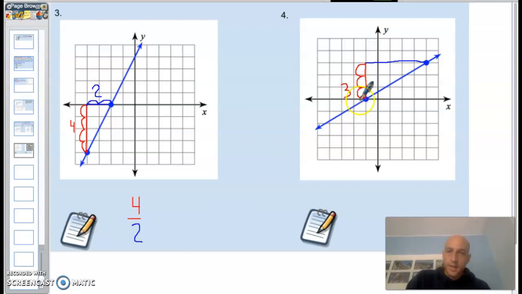And the horizontal side, 1, 2, 3, 4, 5. Okay, the slope is the vertical, the up and down, compared to the horizontal, which is side to side, the 5. The slope is 3/5.